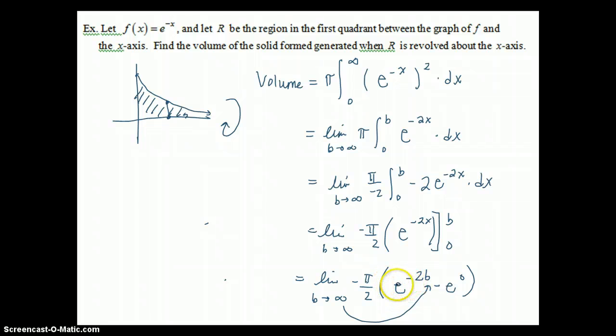And if I raise e to a large negative number, this piece is going to go to 0. So we end up with negative pi halves times 0 minus 1, so negative pi halves times negative 1. So we end up with a volume of pi halves.